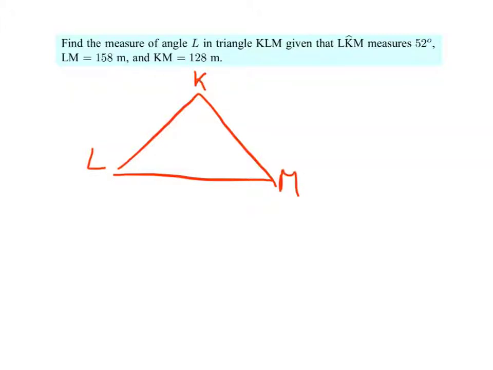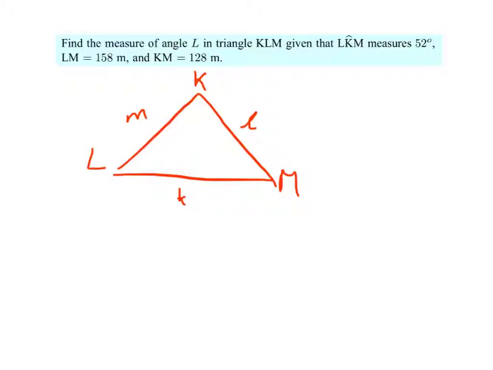In this example, we're asked to find the measure of angle L in triangle KLM, given that we know angle K has a measure of 52 degrees, side LM is 158 meters, and side KM is 128 meters. So let's draw our triangle. And we can label it L, K, M. And again, let's label our sides with lowercase letters.